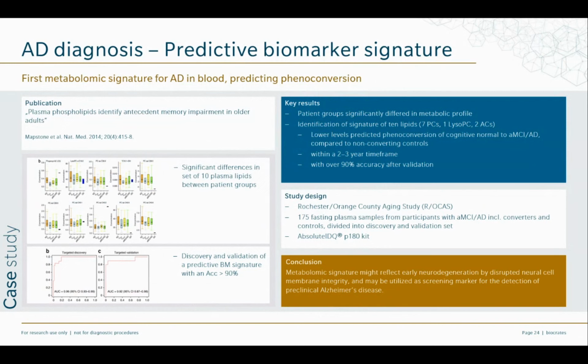And this may be due to disruptions of the cell membrane integrity in neurons, which is an early feature of neurodegeneration that has already previously been described for Alzheimer's disease. Overall, since blood is easier to obtain than CSF and also less expensive than imaging, this metabolomic signature may be utilized as a screening marker for the detection of preclinical Alzheimer's disease. However, the results could unfortunately not be reproduced so far.